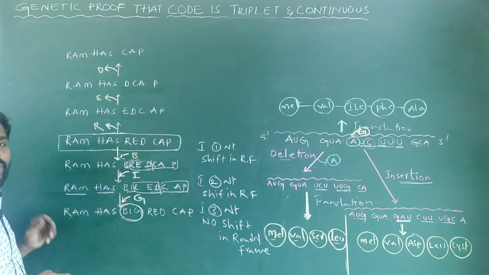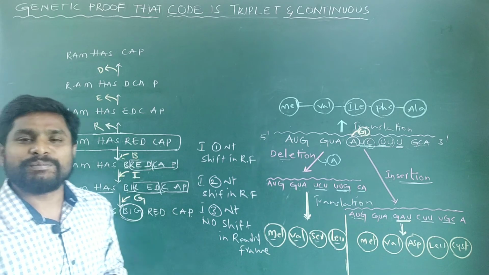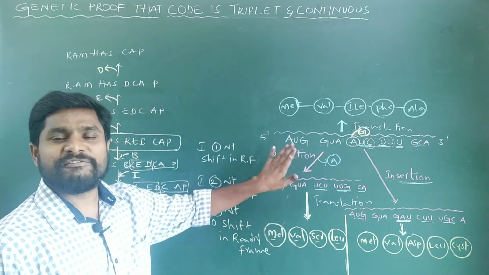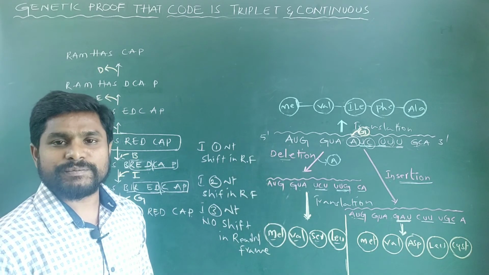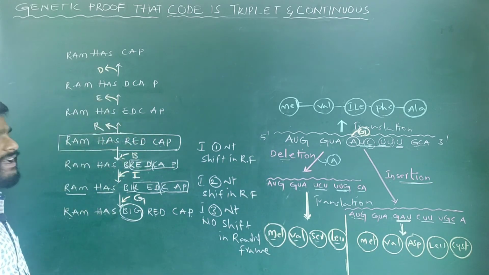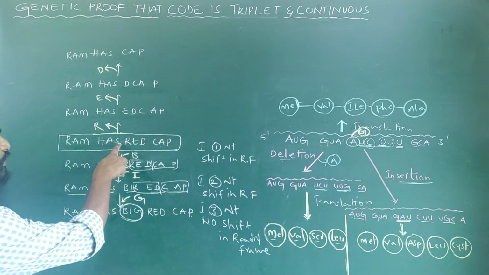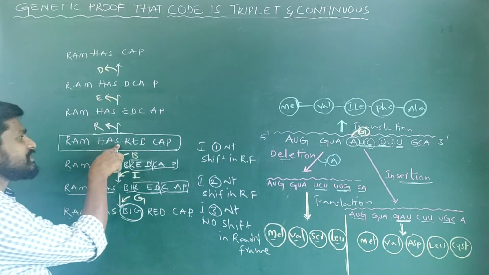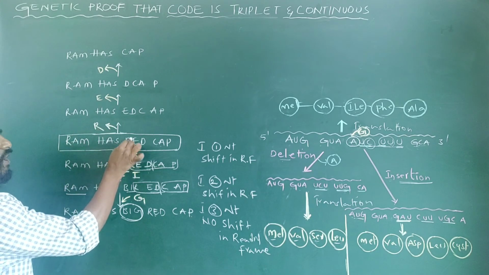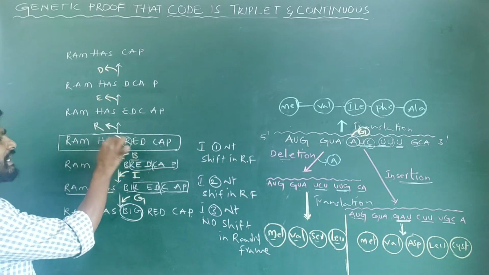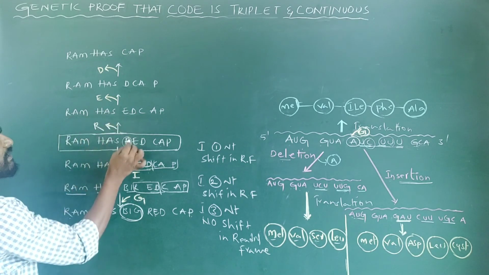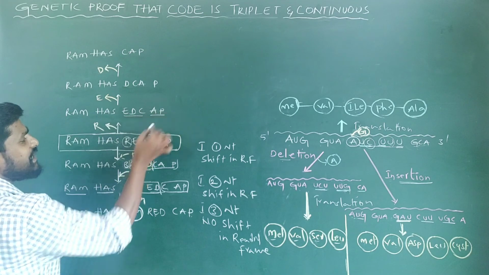We can also prove that the code is a triplet and the code is continuous through deletional frame shift mutations. Let us move on to that. So this is the statement: ROM has red cap. If it undergoes a deletional frame shift mutation, in the first case the deletion of one nucleotide R at this point resulted in a shift in reading frame as ROM has EDCAP.